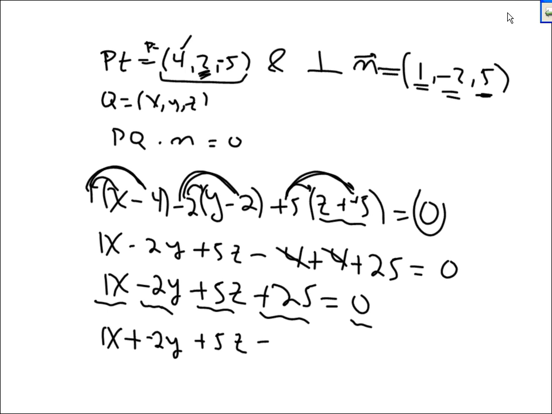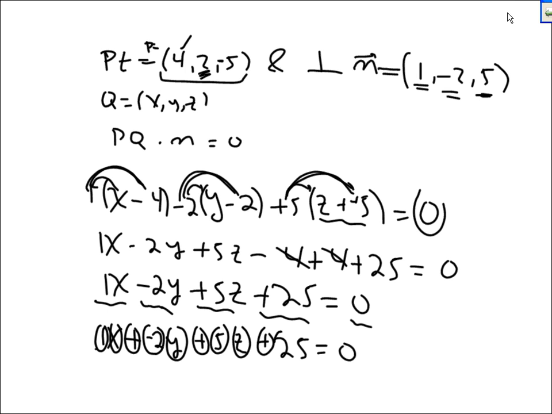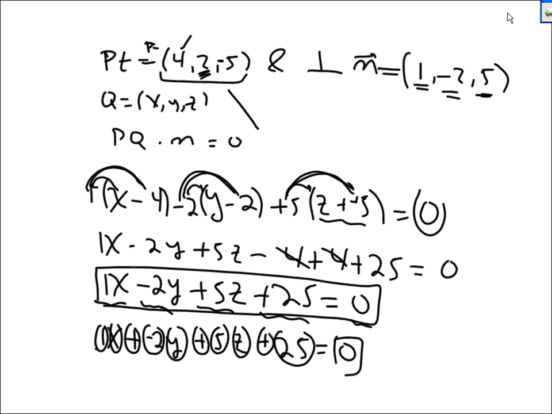Now, I'm not suggesting you write it this way, but it is a number times x plus a number times y plus a number times z plus a number equals 0. So here's the equation of the plane that contains the point 4, 2, -5, and is perpendicular to the vector 1, -2, 5.